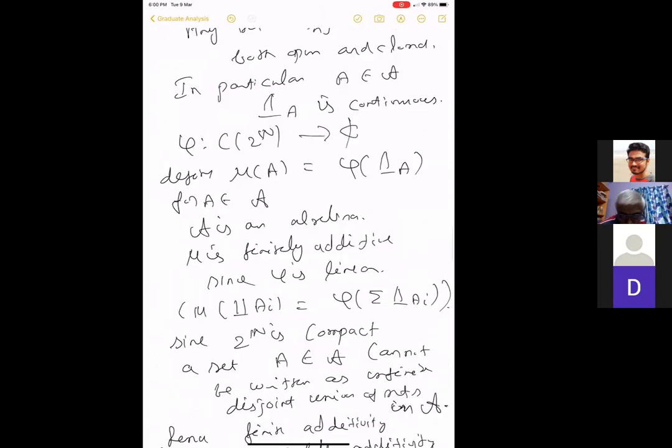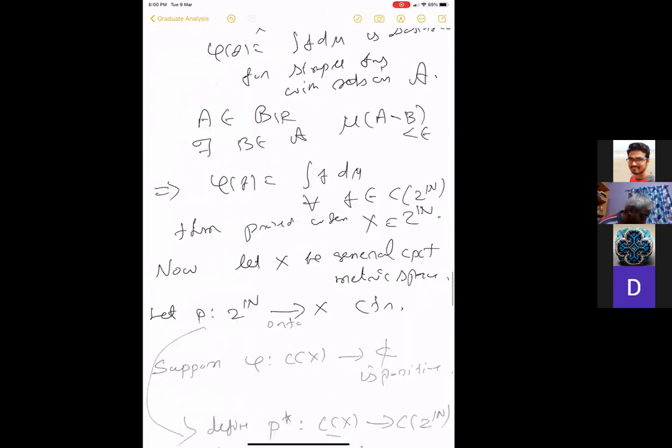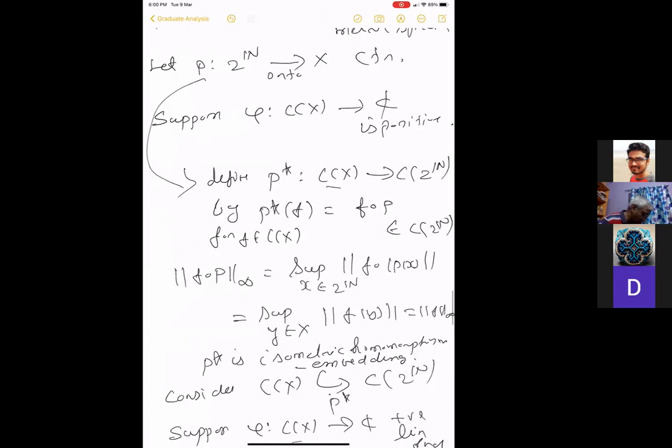Yeah, you are asking something. Sir, according to what you have written, phi is from x to C. But again, you are saying positive functions. So I am confused. What have I written?